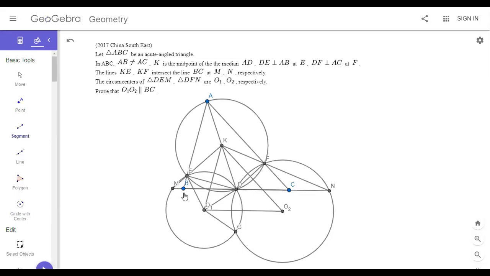Yeah, if we can show GM passes through O1, then actually that would solve the problem very easily, right? Because then GN also passes through O2, and then the parallelism would be easy, I guess. So we could show GEM is 90 degrees. DO1G is 2GMD.